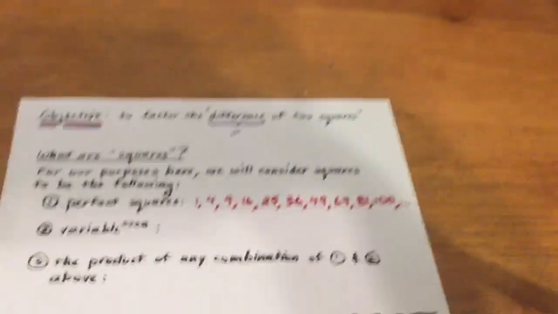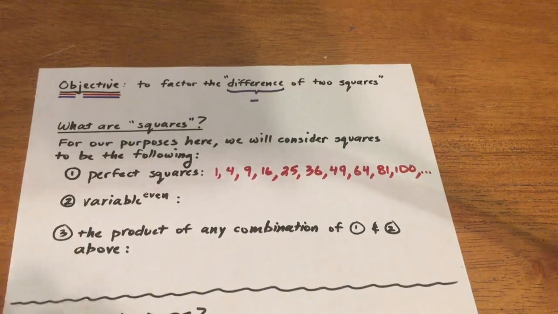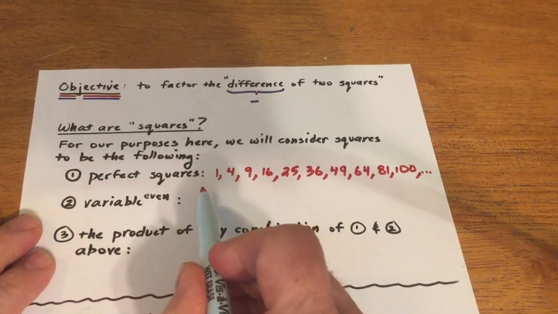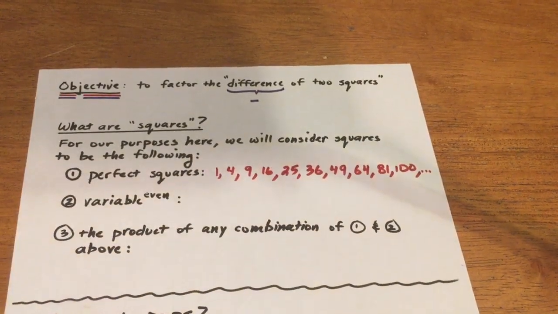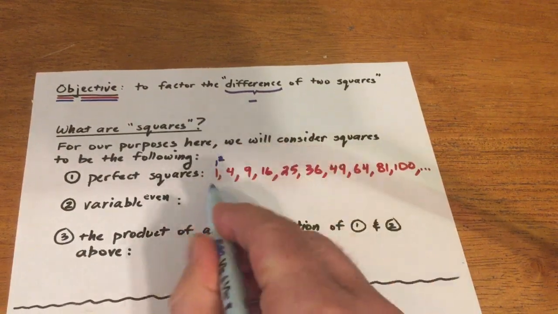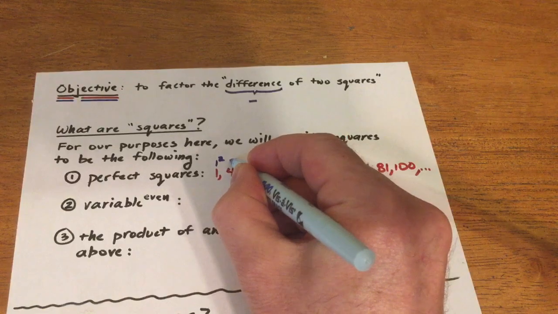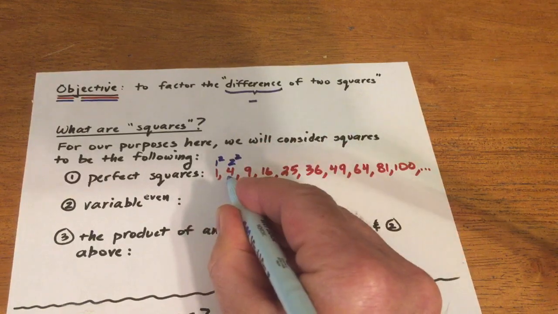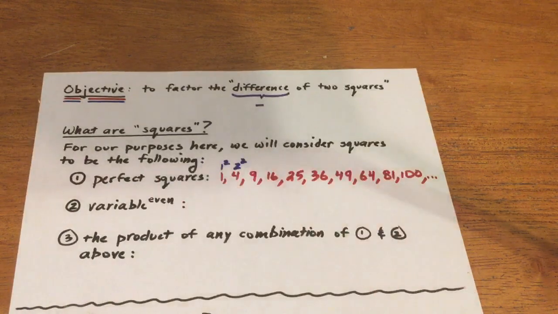Of course, the way we get them is we take our counting numbers and we just square those. So, for instance, we could take the number 1 squared, that gives us 1, 2 squared, that gives us 4, 3 squared, 4 squared, etc.